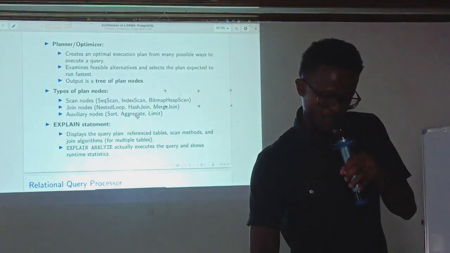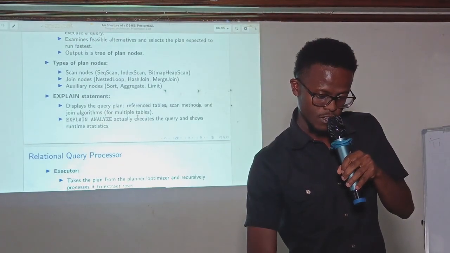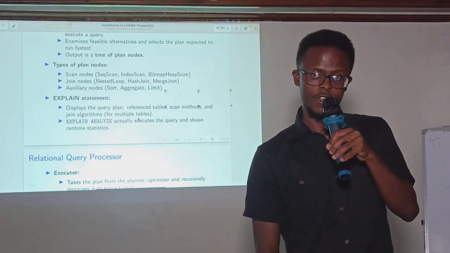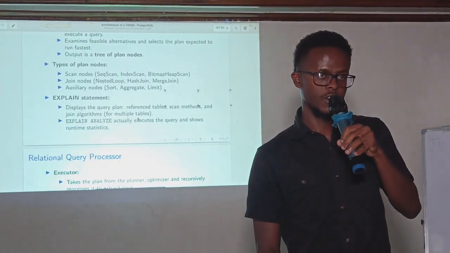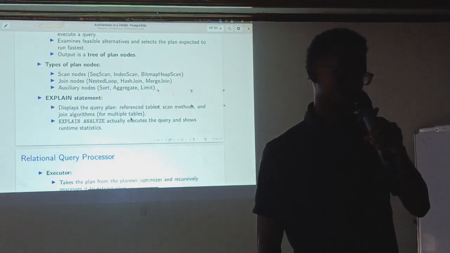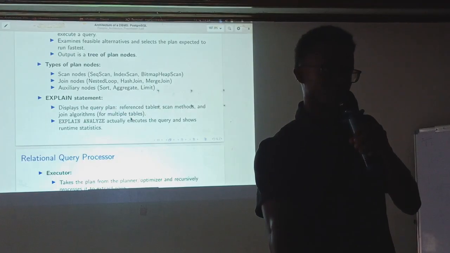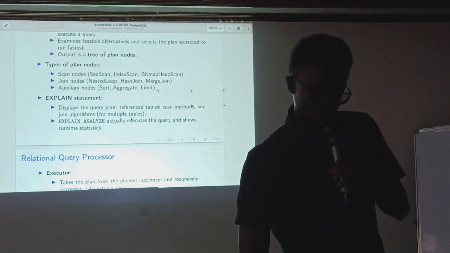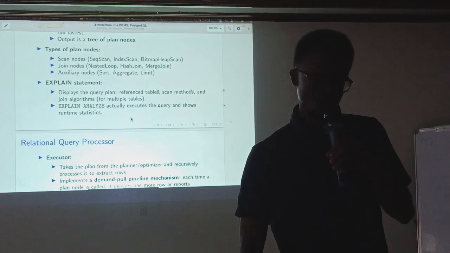So we are getting into more familiar territory now. When you run explain analyze on a query, what you usually see is this tree of plan nodes. Each node is usually an operator.